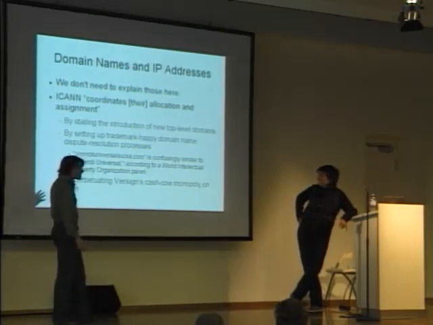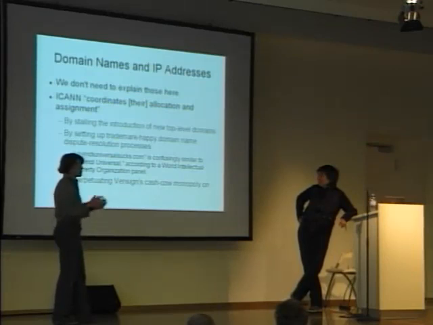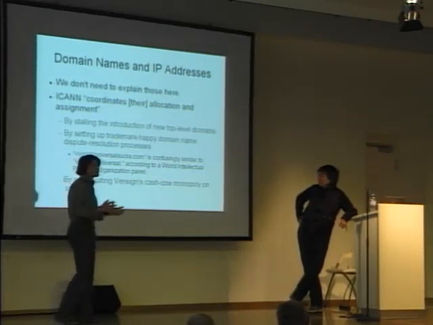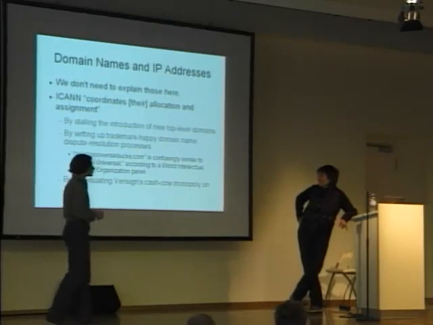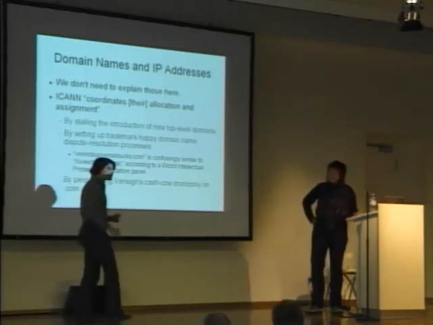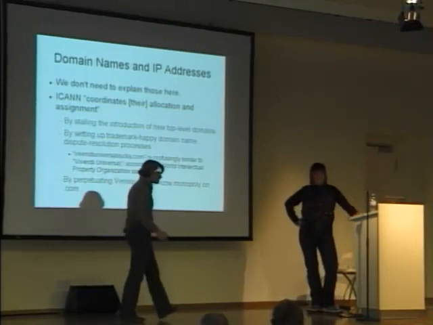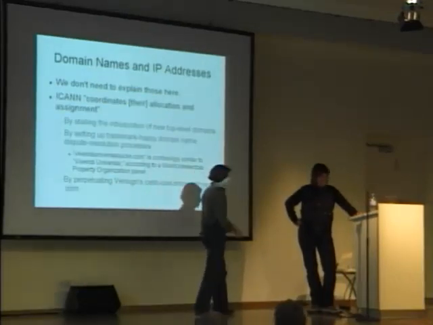It's been coordinating the allocation and assignment by continually renewing VeriSign's contract to run .com, allowing price increases on those, and limiting competition in the domain name registration space. If any of those things concern you, come and join us in Hacking Icann.